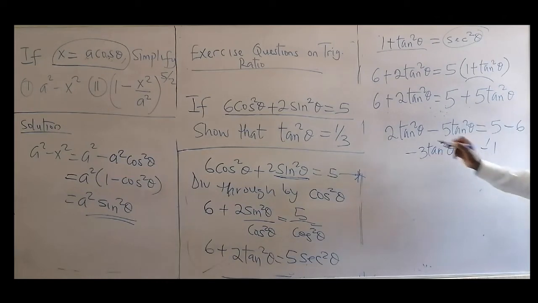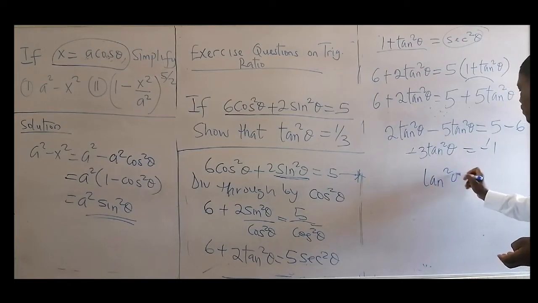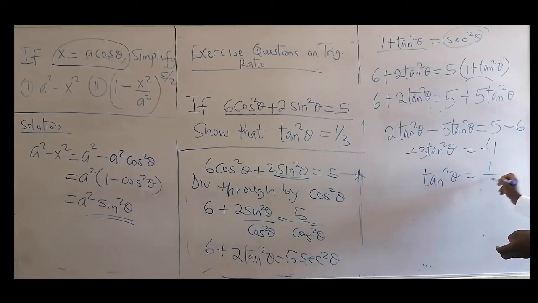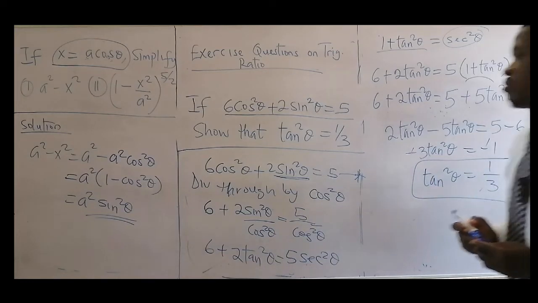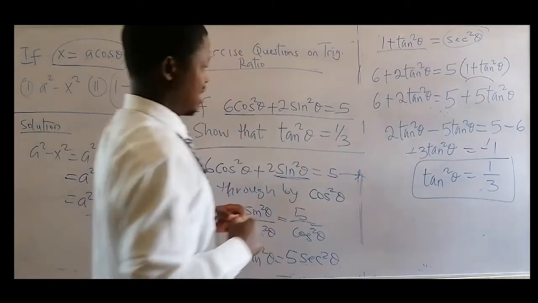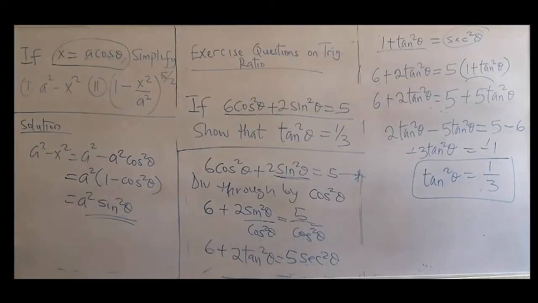So this minus will cancel. Then we have tan squared theta equal to 1 over 3. And that is what we are told to do. That is done.